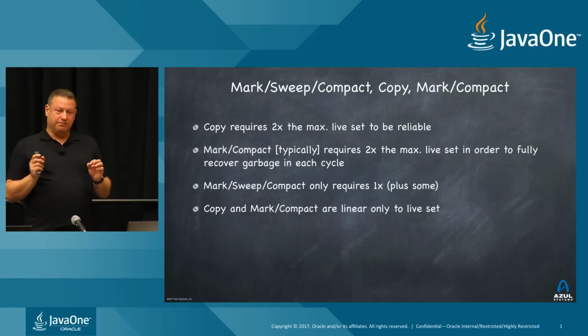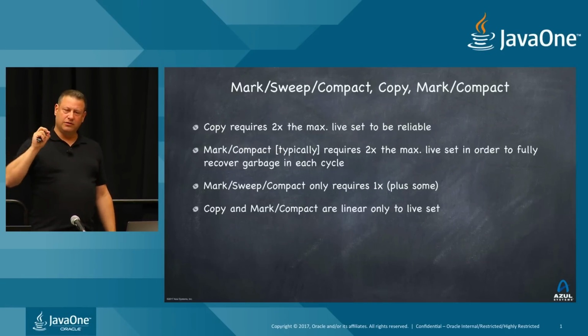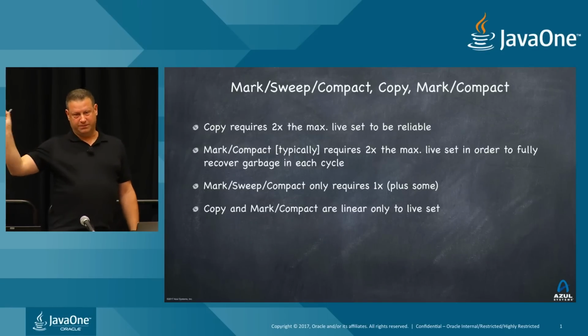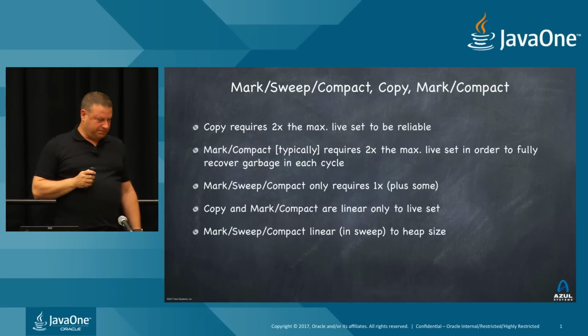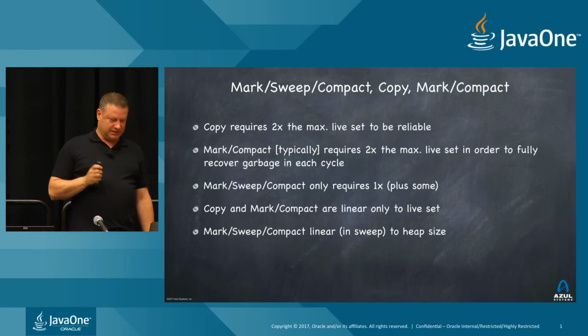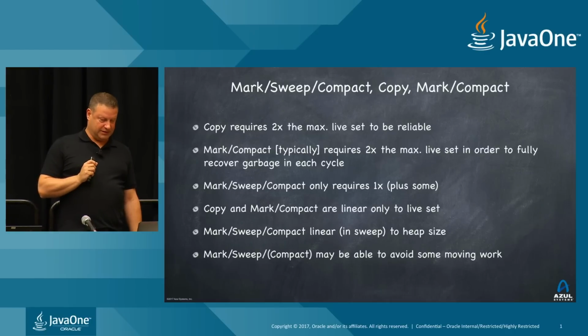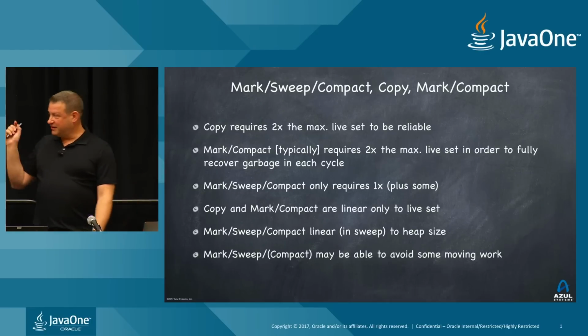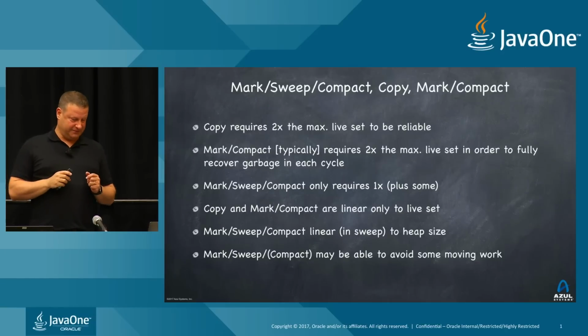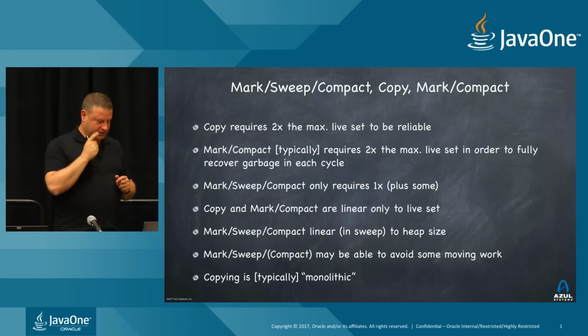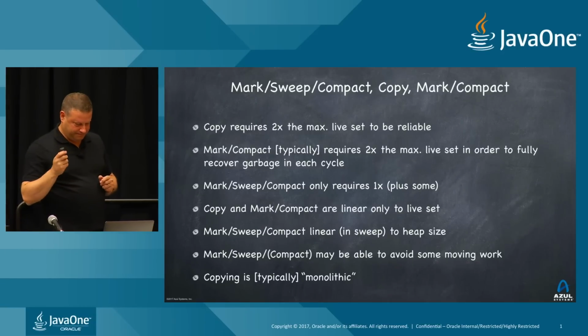Both copy and mark compact are linear only to the amount of live stuff. It's the sweep that grows with the heap. Mark sweep compact is linear also to the heap. And then mark sweep and sometimes compact, I didn't talk much about, but that's a common attempted technique. Delay the compact if you can. Then I talked about the monolithic part of copying.